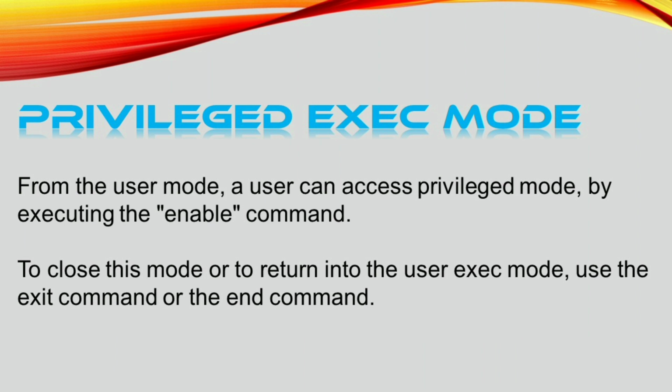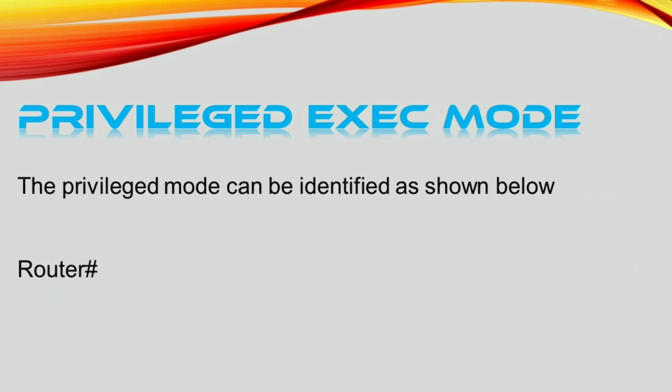From the user mode, a user can access privilege mode by executing the enable command. To close this mode or to return to the user execution mode, use the exit command or the end command. The privilege mode can be identified as shown below, router hash.